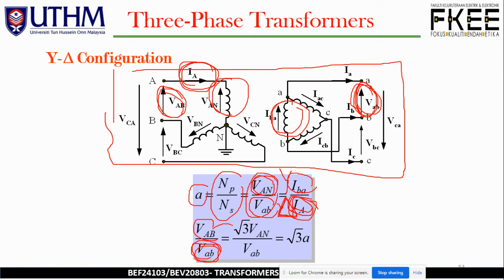If you try to convert to phase from AB, the line voltage of star, you need to multiply by square root 3. But for delta down here, you can simply use the same value of VAB, because V phase equal to V line. Thus giving us the relationship of a equal to square root 3 a.